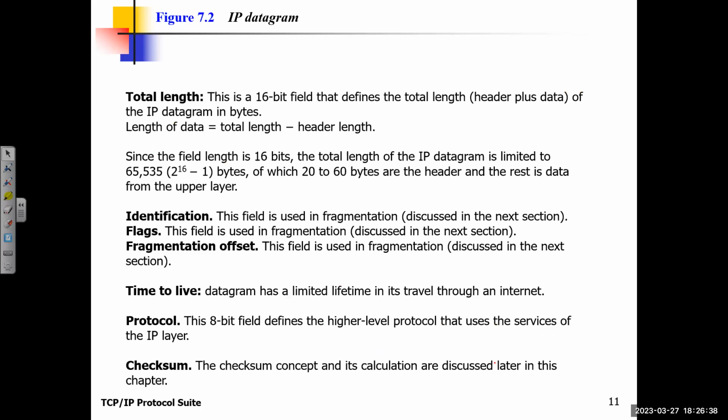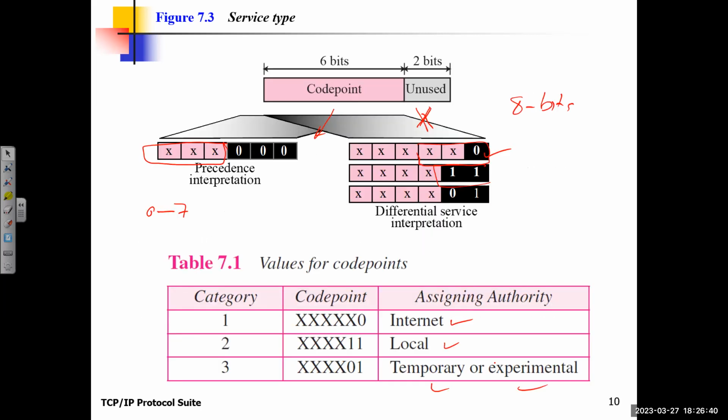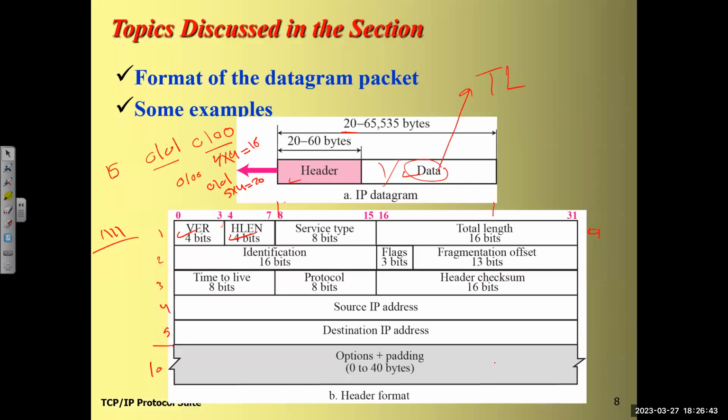All right. What is the total length? Remember, we have another field here. We mentioned that. How many bits? That includes what? It includes the header plus data. So in the exam, if I tell you we have a total length of, let's say, 16 bits, let's say a total length of 2 to the power 10. That's an example.